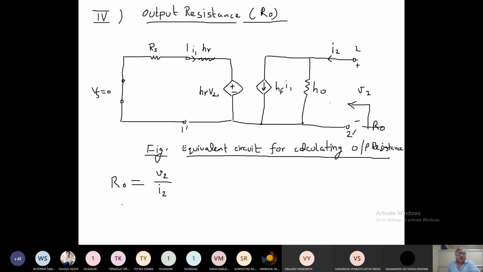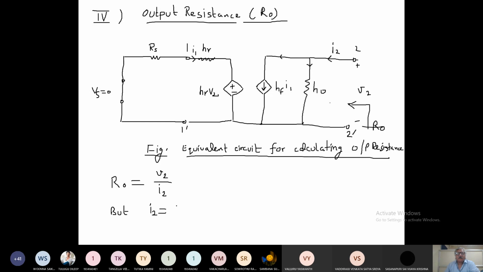Now here, the value of I2 we will bring in. If you remember the basic expressions of the H parameter, two expressions I wrote. Or from this figure also you can see this I2. One current is coming here and another current is coming this side.